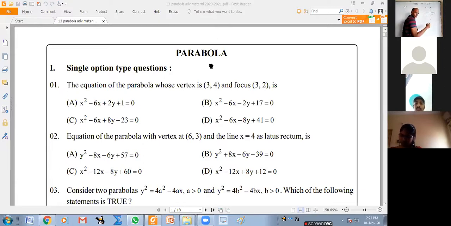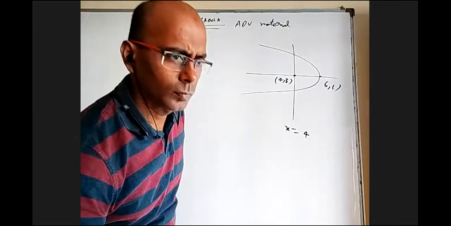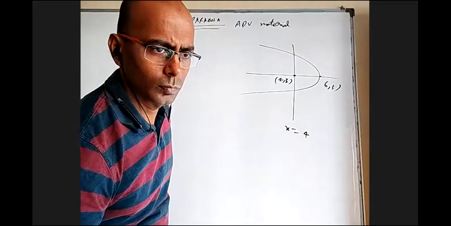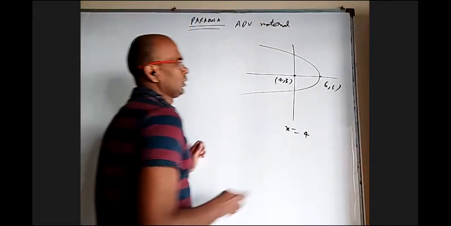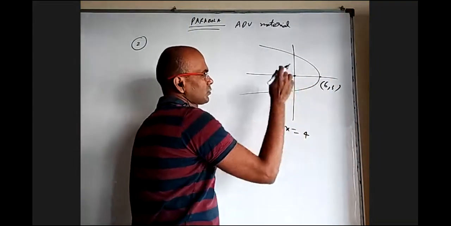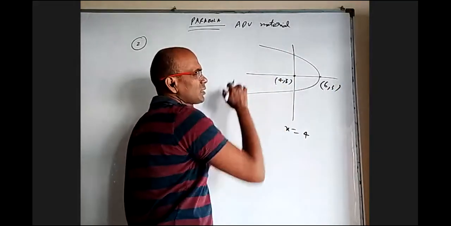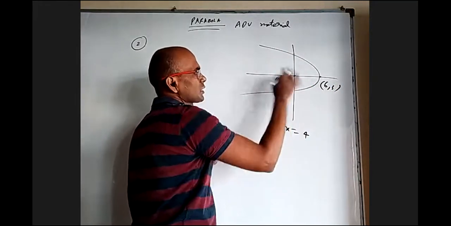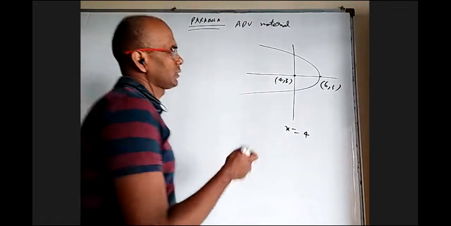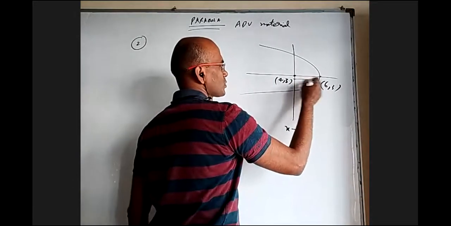Vertex 6, 3. X equal to 4 is latus rectum, means 4, 3 should be the focus. So axis is horizontal, and you're getting 4, 3. That already gave you this length is 2 units, which is the a value.